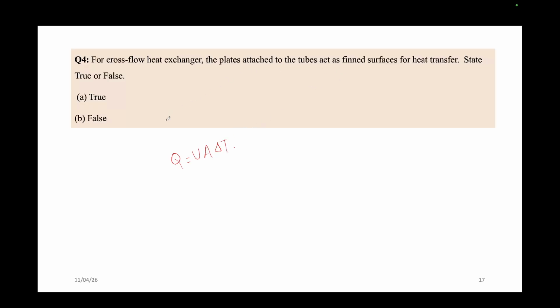So if all other conditions are the same, and you increase area, thin surface means area will increase, right? So if area increases, Q will increase. So option A is the correct answer. Good. That's why you see in the AC or the radiator in the car, fin type structures are there.